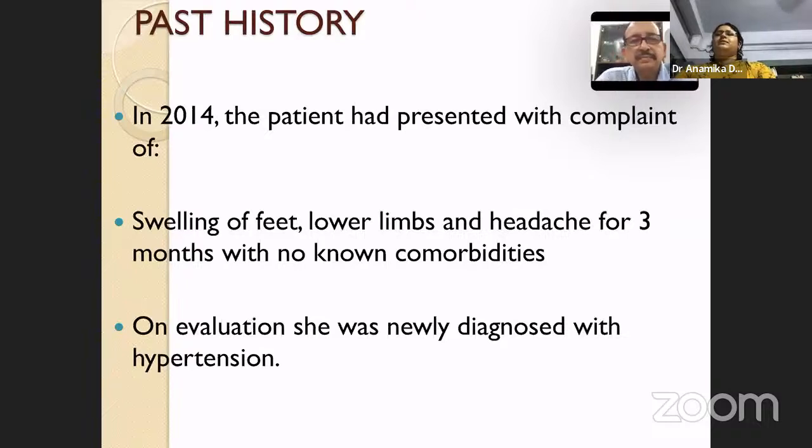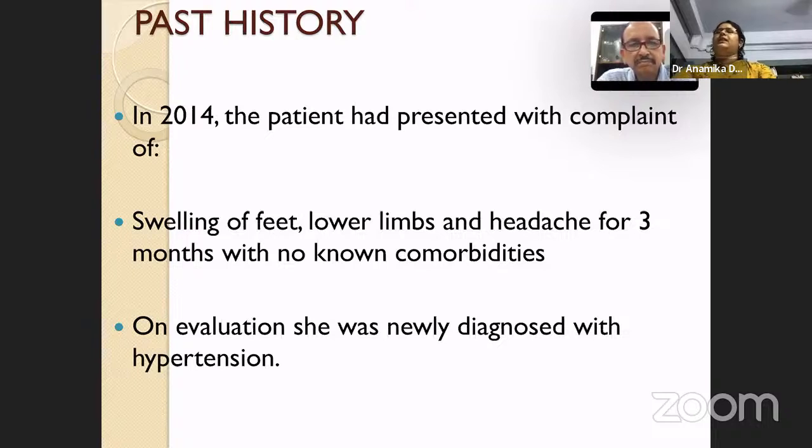Coming to the past history, the patient had first presented to us in 2014 with a complaint of swelling of feet, lower limbs and headache for 3 months, and she had no known comorbidities.